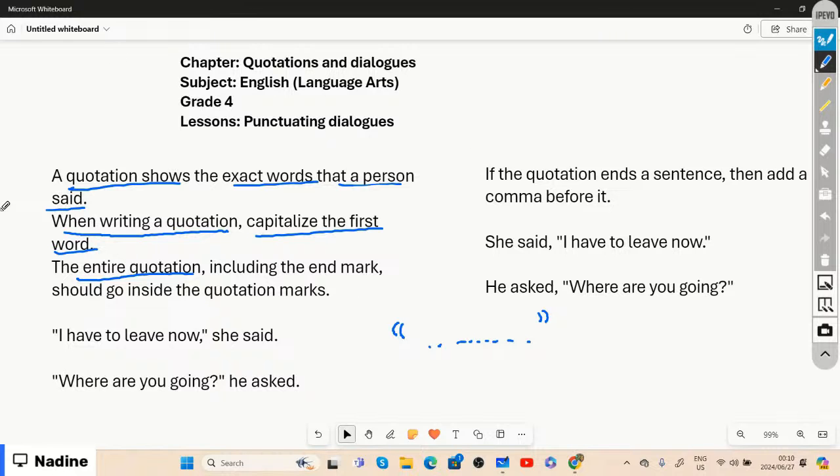So the entire quotation, including the end mark, starts with a capital letter, whatever the person is saying, and then it will have an end mark. It's either going to have a period, an exclamation mark, or a question mark, depending. So the capital letter at the start as well as the end mark should be inside of the quotation marks.